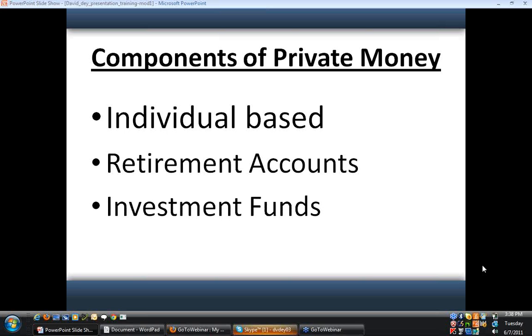Investment funds, these are monies that are sitting in brokerage accounts, for example, Merrill Lynch is a place that a lot of my private lenders have had their money stored. And as a result, that is an area that they can dip into. It's in the stock market, or the bond market, or mutual funds, or whatnot, but they can actually access it.